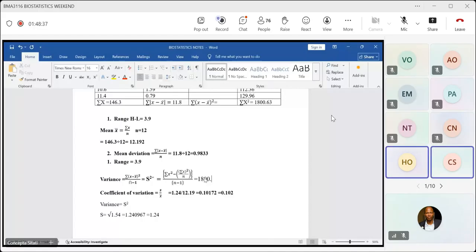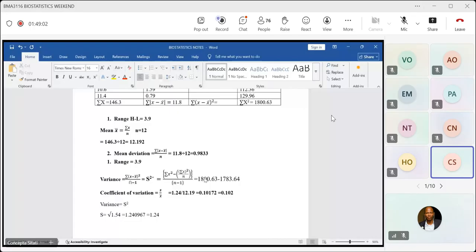Hiyo ukapata nini? Summation of x. 17.64. 1783.64. What do you get there?